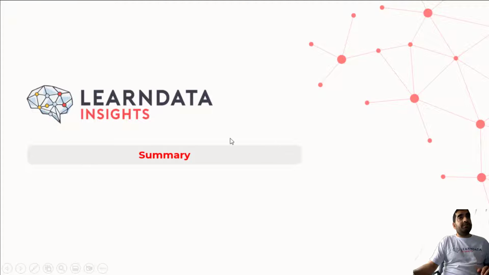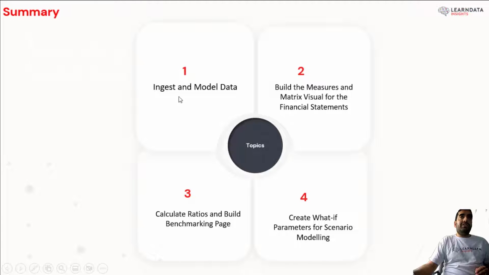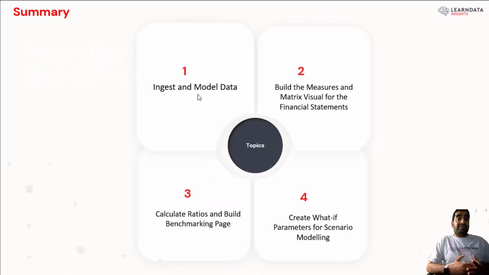Just to summarize where we've got to, the steps that we've gone through to be able to do this. So the first step we did was to ingest and model data. We took our Excel file, our accounts data, our trial balance, and put that onto SharePoint along with our FS lines file, our metadata file, and we accessed those through SharePoint and brought them into the data model.